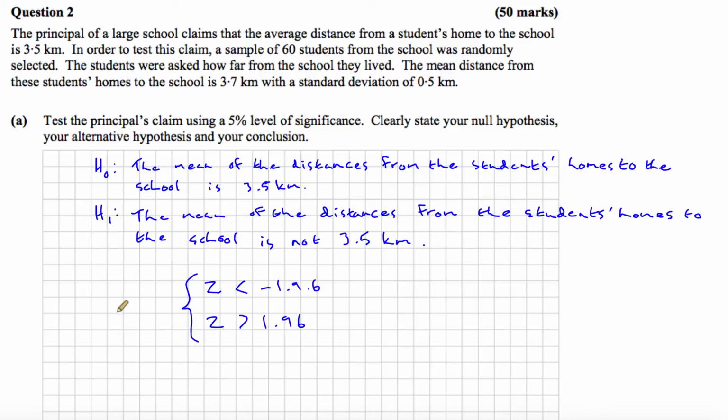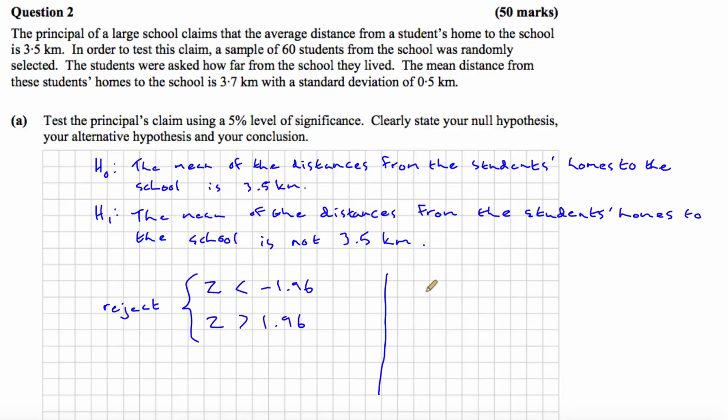So if we get that, we reject. The 1.96 figure is linked to the 5% level of significance.